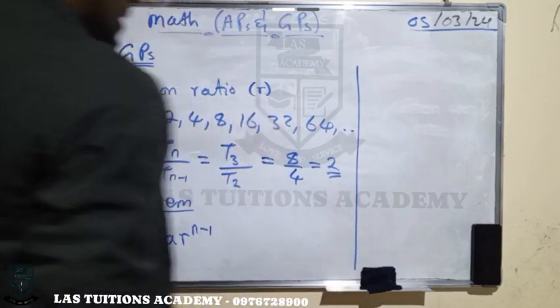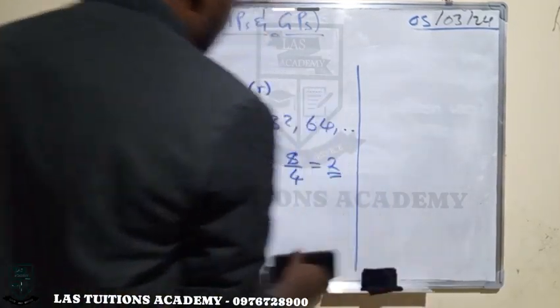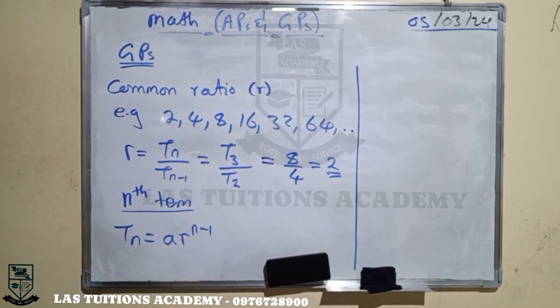Let's pick a term here which we are going to find using the formula. Yes, Namakau, pick any term that we can find using the formula, just to confirm our formula. The third one.